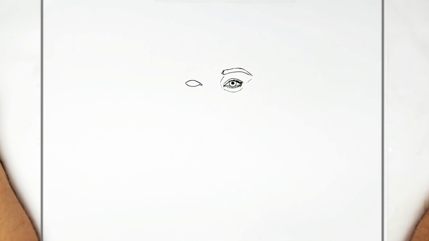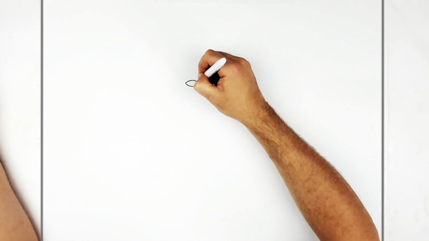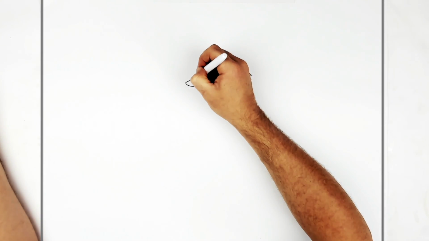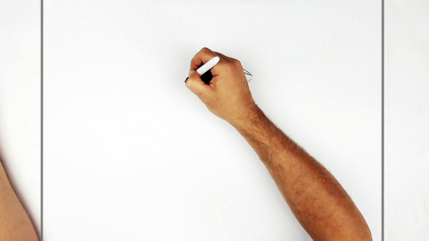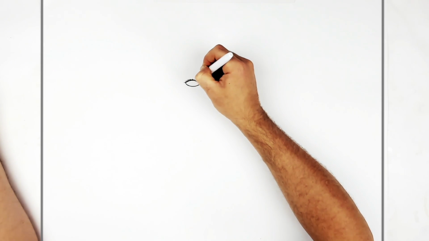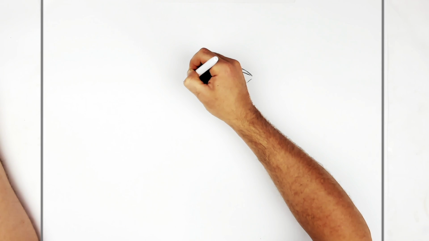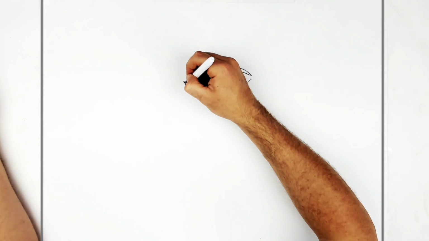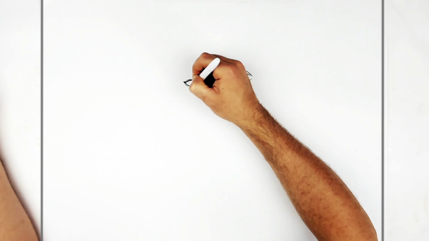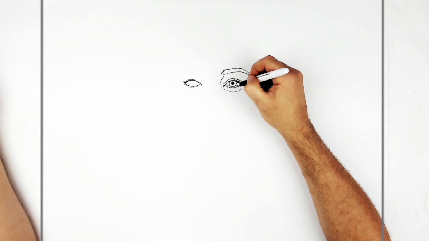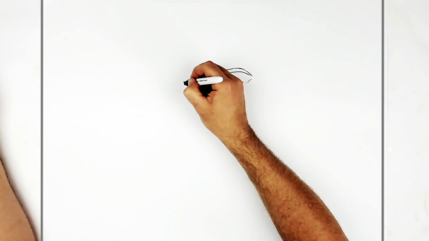And then we add big girly eyelashes. So thicken this up, and then bottom eyelashes, again coming around here, and these can be quite dark in this case because of the makeup.